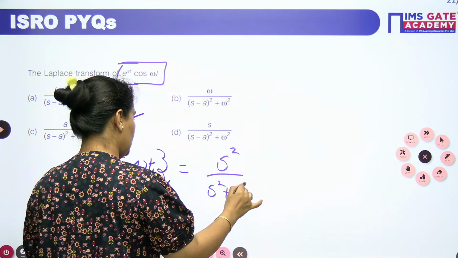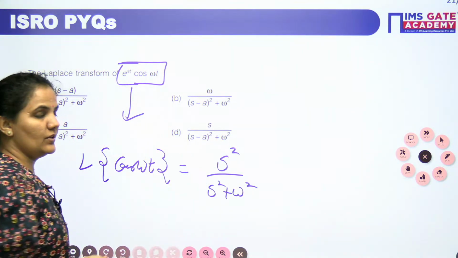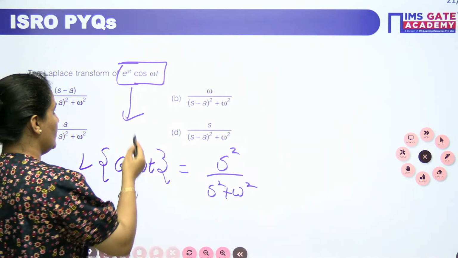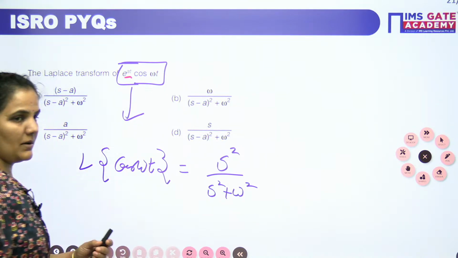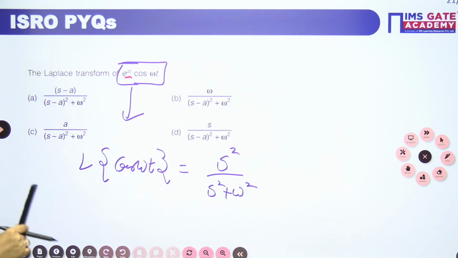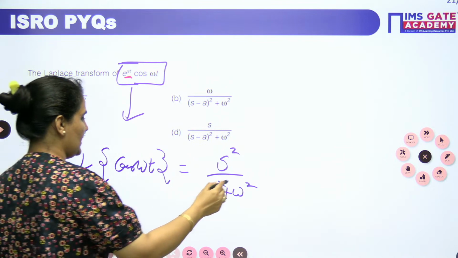If I use here the first shifting theorem, we have e power at, so in place of s, I will use the opposite sign, s minus a.